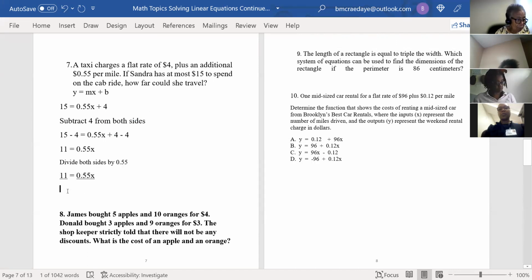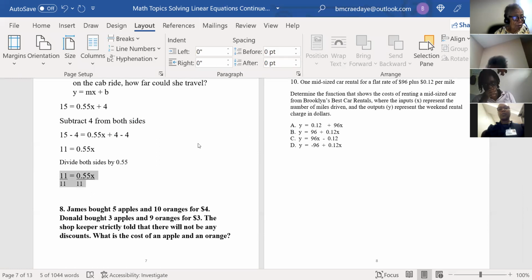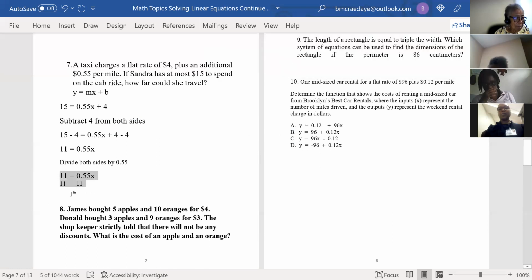What's your answer? I say 11 into 55 is 5. What did you get for x?